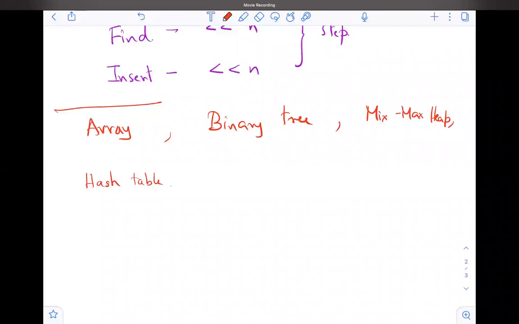Binary tree, I'm assuming what they mean is a BST. In a BST, we cannot do find in o of n always, sir, because if it is extremely skewed, then find will become linear time. Right. So if it is very skewed in a binary tree, then the worst case runtime is not small o of n.